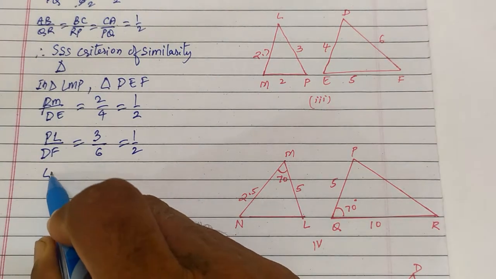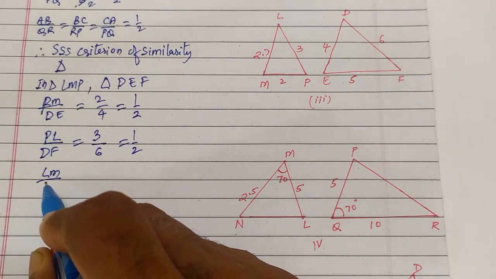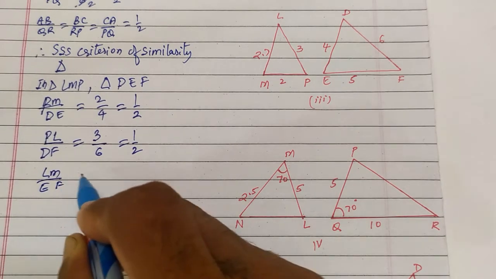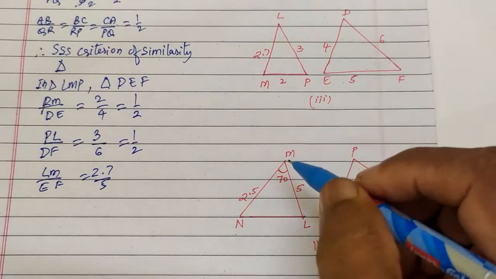So if you see LM upon EF, this is 2.7 upon 5. Therefore, what do we say?